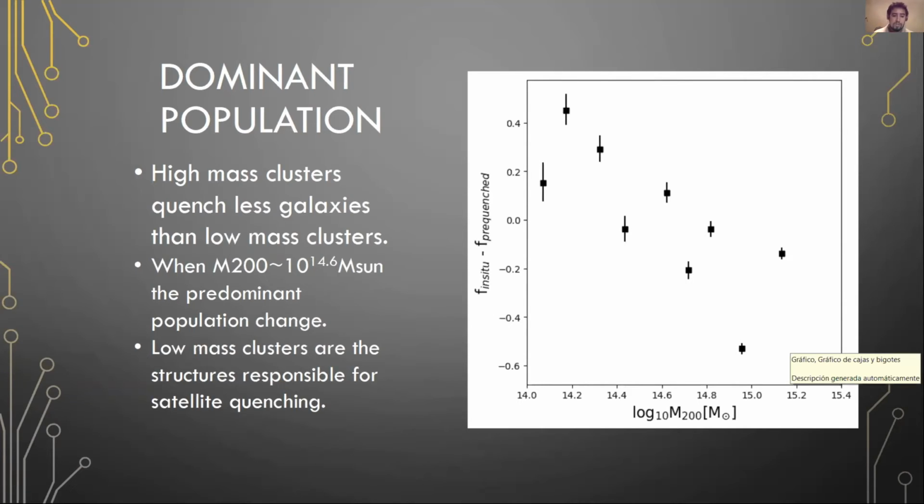So as we look at more massive structures, the pre-processing and the pre-quenching start to take a more important role in the fraction of passive galaxies that we're looking at nowadays. Around 10^14.6, or 5 times 10^14, the population changes from in situ dominated to pre-quench dominated.